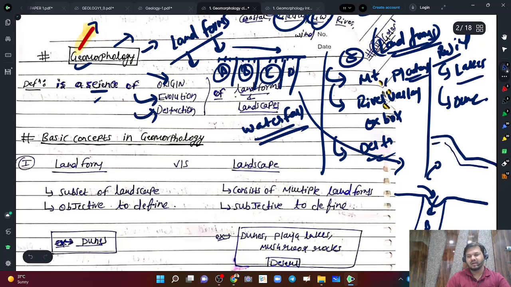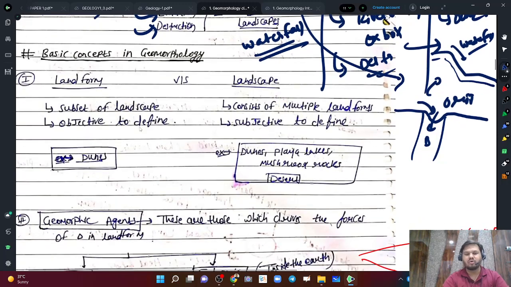So it is basically the creation of a waterfall here. This is the domain of geomorphology. It will study the origin, the evolution, and maybe the destruction, how it gets destroyed. This is very basic. Geomorphology is a science more about landforms, the study of their origin, evolution, and destruction.